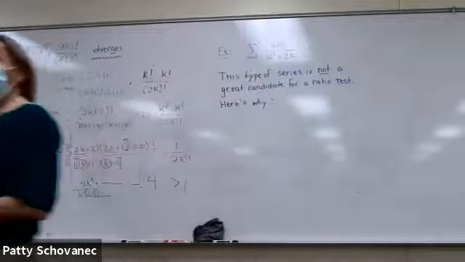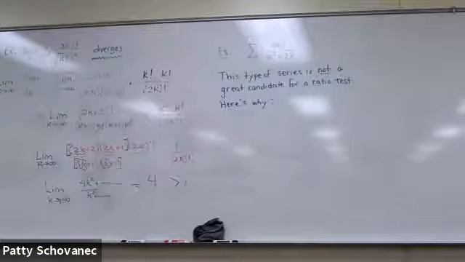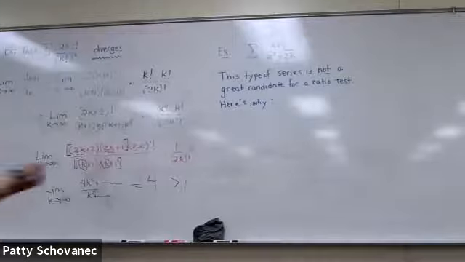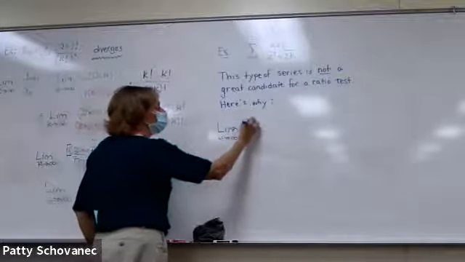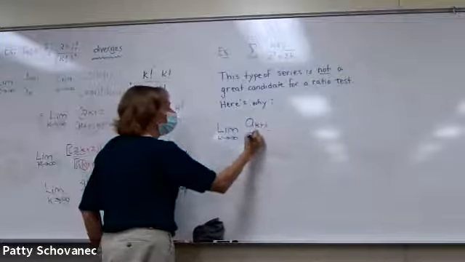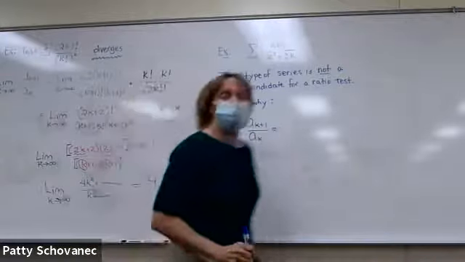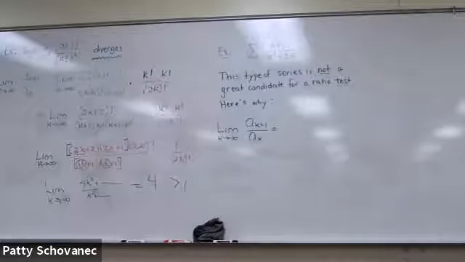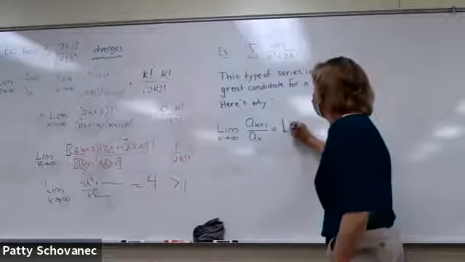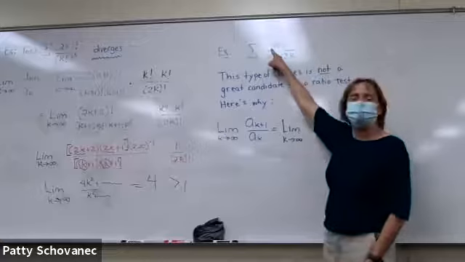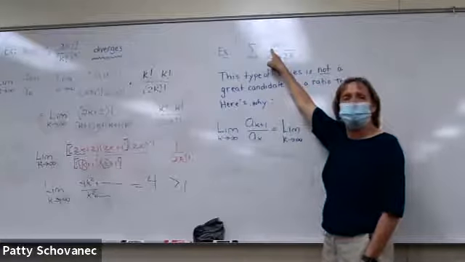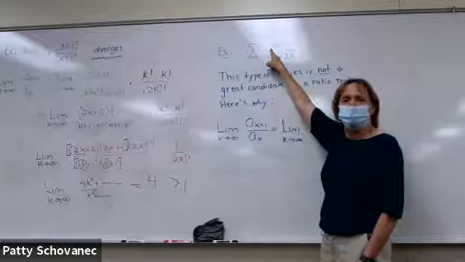Let's just do it. Let's take the limit of the k plus first term and divide it by the k term. So let's see, to get the k plus first term, I put a k plus 1 here. So my numerator looks like k plus 1 plus 1. I'm going to go ahead and write that as k plus 2.